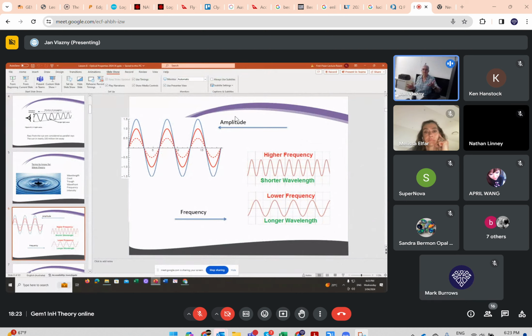Now, what do we know about the light from the sun? Is it one wavelength of light? No. It's hundreds and millions and thousands of them. Are they all exactly the same? No. So we get different amplitudes. The intensity is different. How high that amplitude is from the top to the bottom is the amplitude.